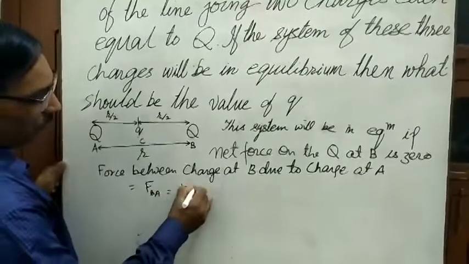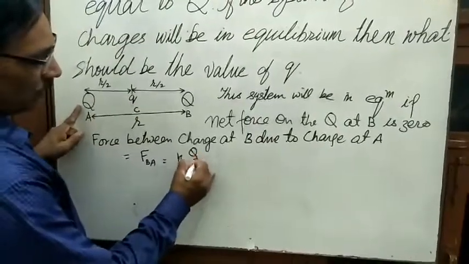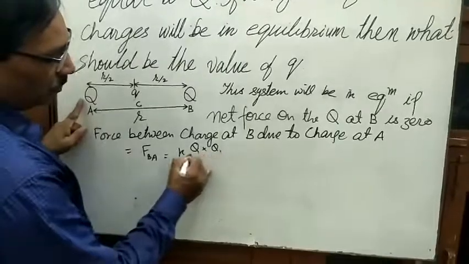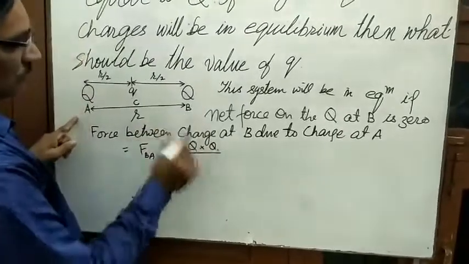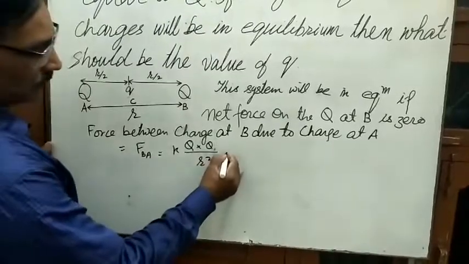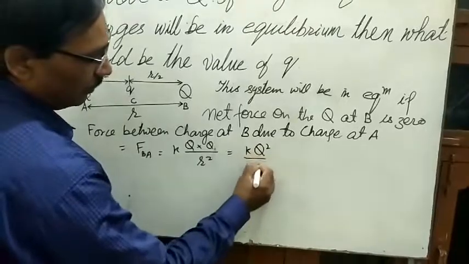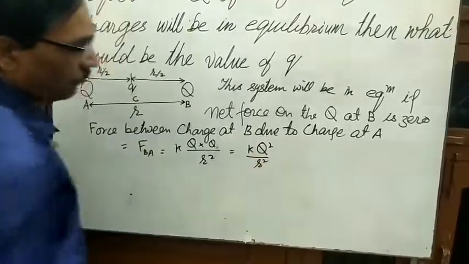We will use K, Q1, Q2. Both charges are capital Q, so Q, Q by distance R square. So this is equal to K Q square by R square.